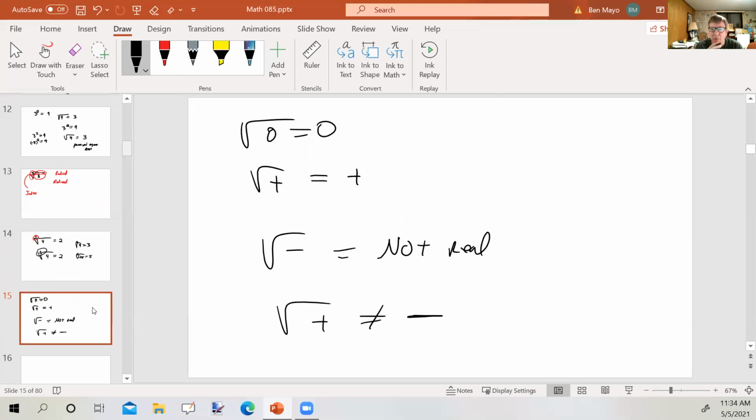This is not only true with just square roots, but any even root. So a 4th root, a 6th root, a 10th root. You can't take an even root of a negative number. And when you take an even root of 0 or a positive number, you can't get a negative answer. So there's all these restrictions, but they have to do with even roots. With odd roots, there aren't any of these restrictions.